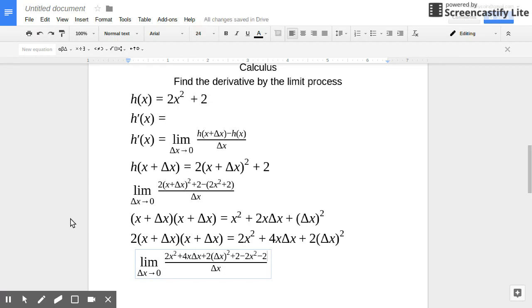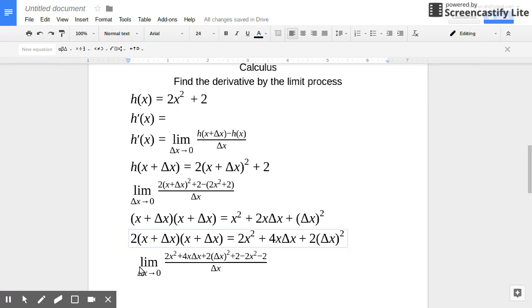All right. So now what we can do is go ahead and simplify this thing. We have a 2x squared. We have a minus 2x squared. So those are going to cancel out. We have a plus 2, a minus 2. And those are going to cancel out, and that looks like that's going to be it for the like terms in that.